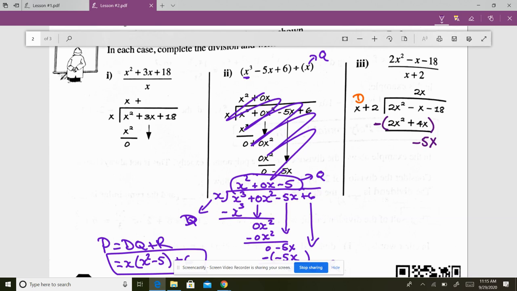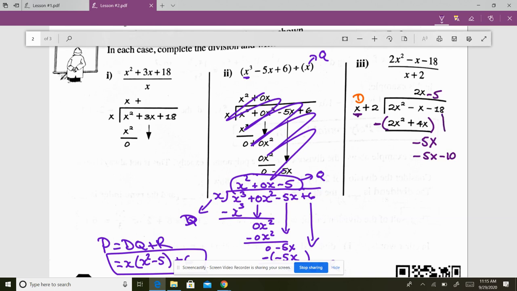And then you do it again. You just look at this x and you go, what do I multiply x by to get negative 5x? Negative 5. Negative 5 times x is negative 5x. Negative 5 times 2, negative 10.